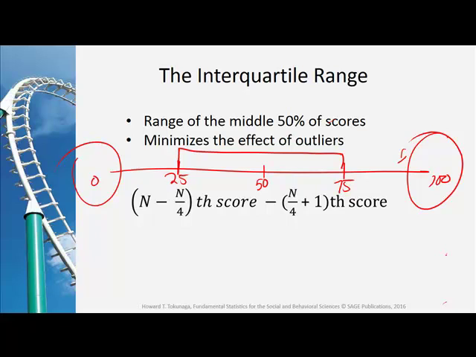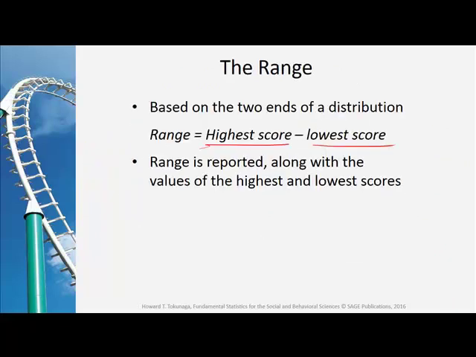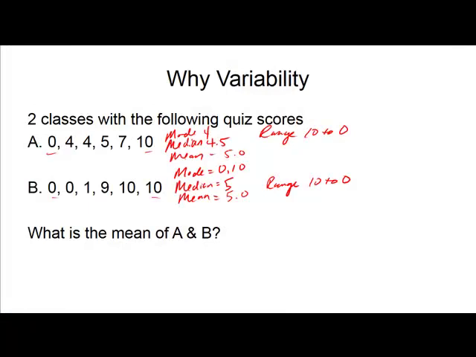So how do we get that? Very similar to computing the median score. We're asking ourselves, what's the 25th percentile score and the 75th percentile score? Well, it requires knowing what n is. How many do we have? And the n minus n divided by 4th scores. So let's say, back to our example, we have 6 students.